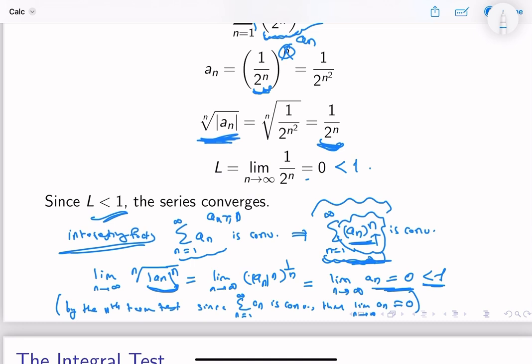So we just got that this is true by the root test. This is very interesting to keep in mind because it uses the nth term test and the root test in the same place, but it's just an interesting fact to keep in mind, not a big deal.